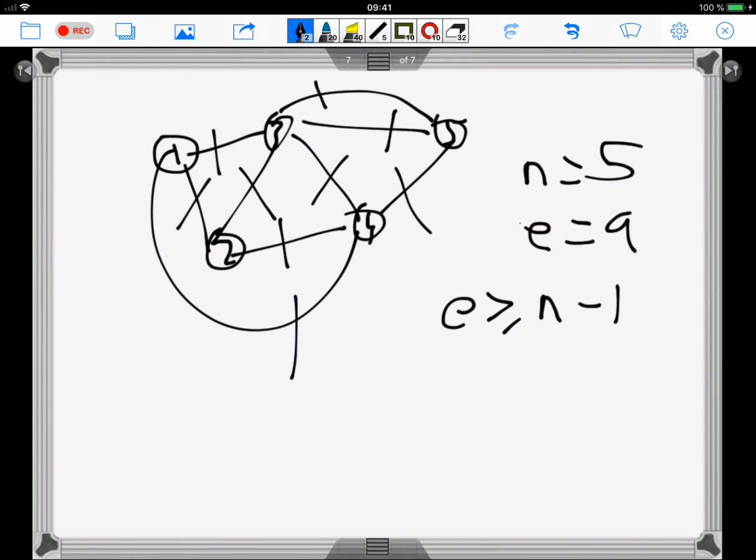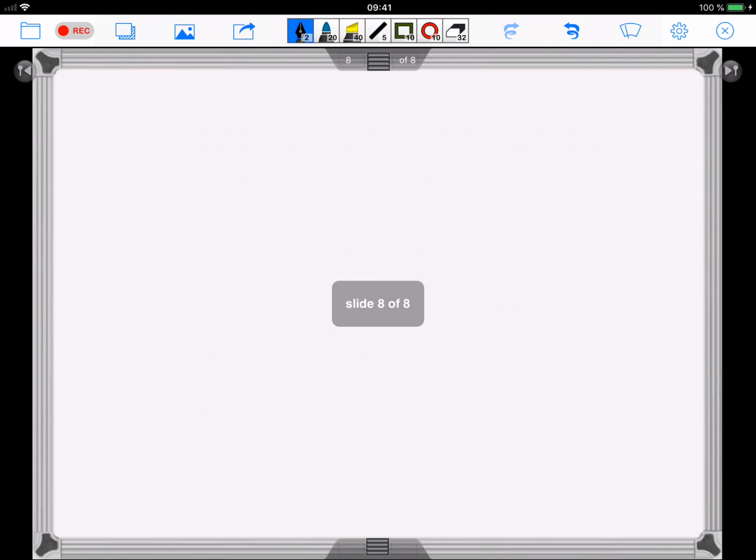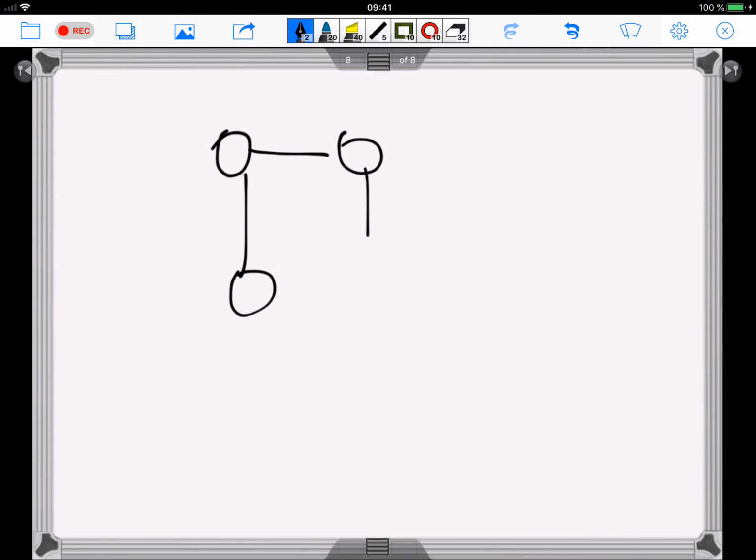Okay, so for a connected graph, the result holds as we expected, but the warning is that you can have a graph, like for instance, this one here.